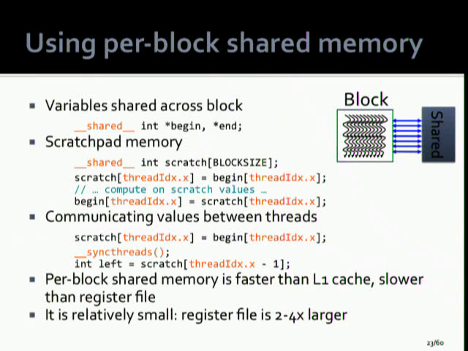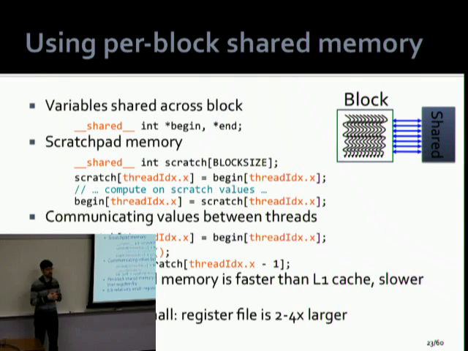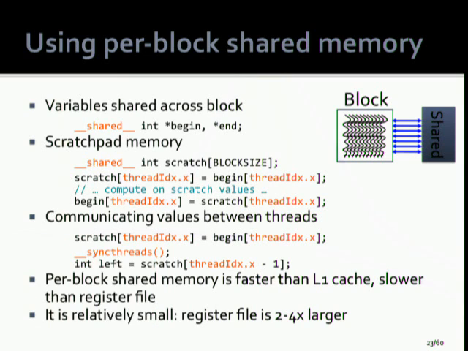And the performance implications: shared memory is faster than the L1 cache on Fermi class devices. It's slower than the register file, and it's relatively small. Shared memory can either be 16 kilobytes per core, or 48 kilobytes per core, and there's a trade-off with the amount of L1 cache that you get.